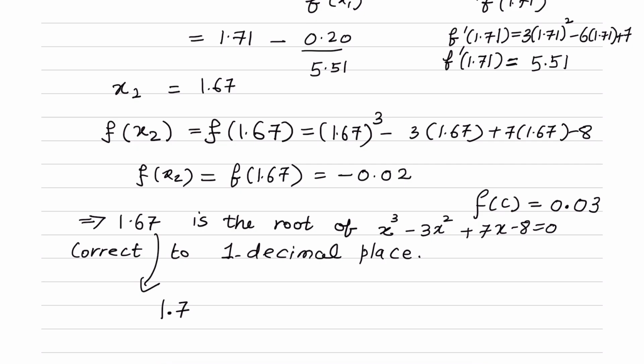Or we can round up 1.67 and write it as 1.7 and say that 1.7 is the root of the equation x cube minus 3x square plus 7x minus 8 equal to 0, correct to one decimal place. So this is how we find the root by using the Newton-Raphson method.